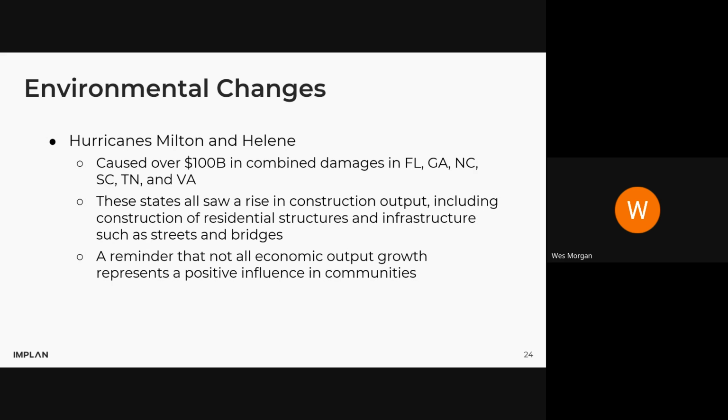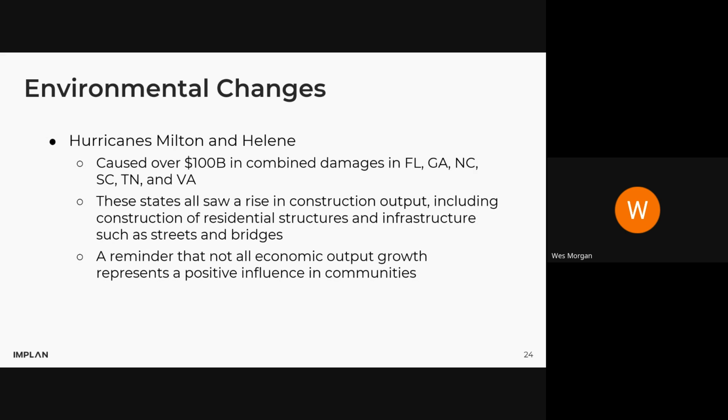Another example of an environmental impact making a bit of an appearance in our data. In 2024, Florida, Georgia, North Carolina, South Carolina, Tennessee, and Virginia were all affected by the tragedies of Hurricanes Milton and Helene, which caused over $100 billion in damages in those states.